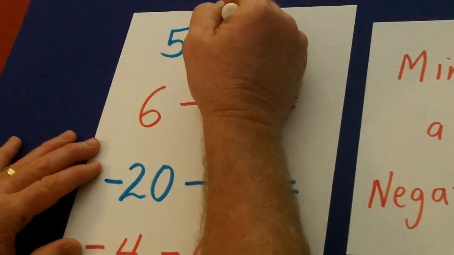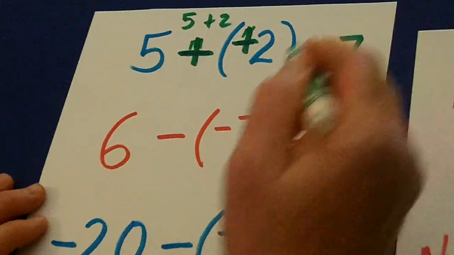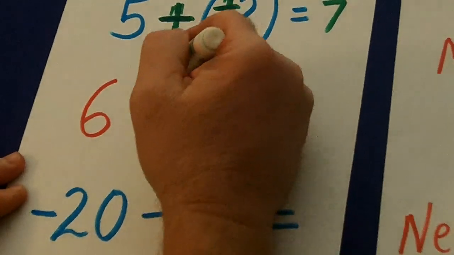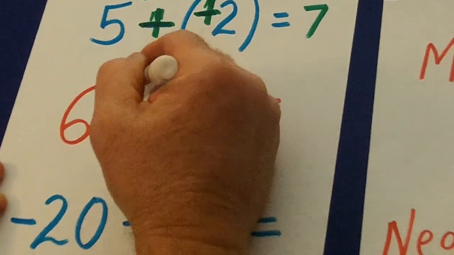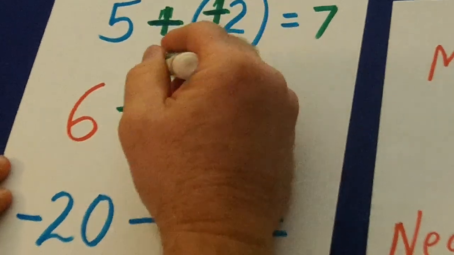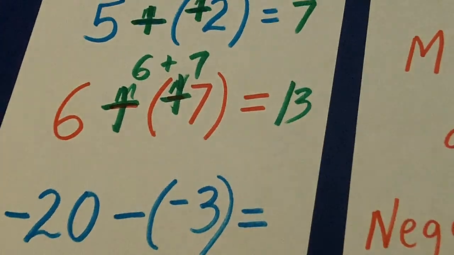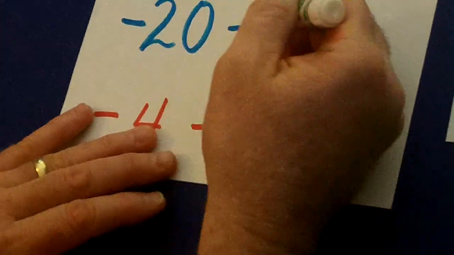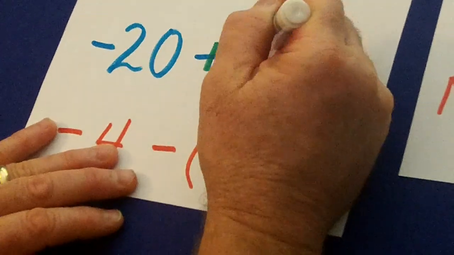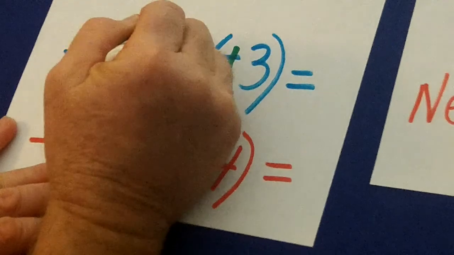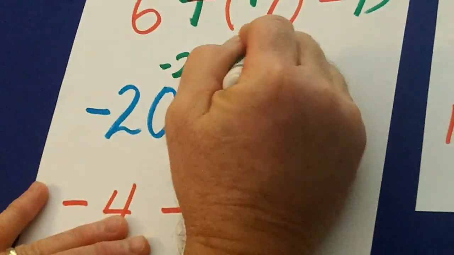This is 5 plus 2 is 7. Minus a negative is plus a positive. This is actually 6 plus 7 is 13. Okay? Minus a negative is plus a positive. And this is negative 20 plus 3.